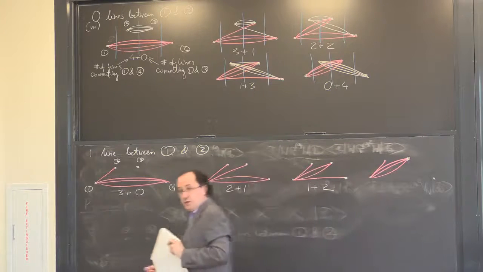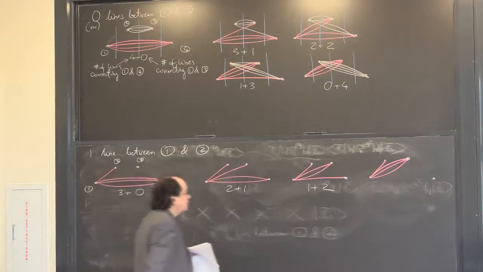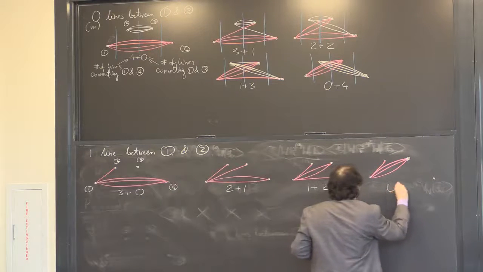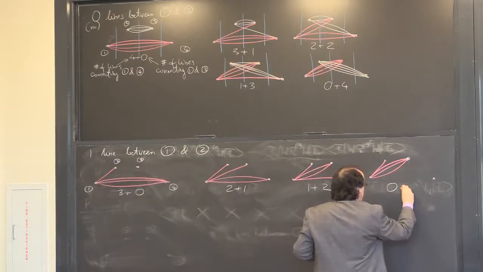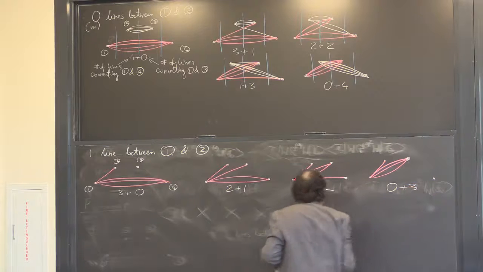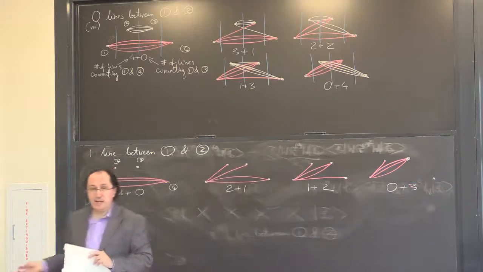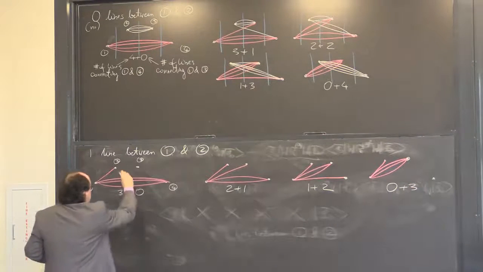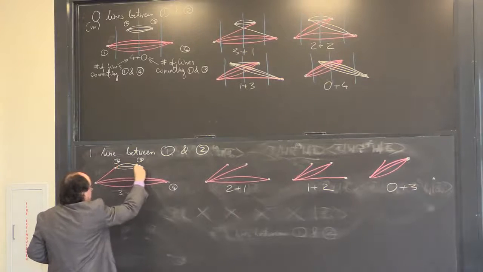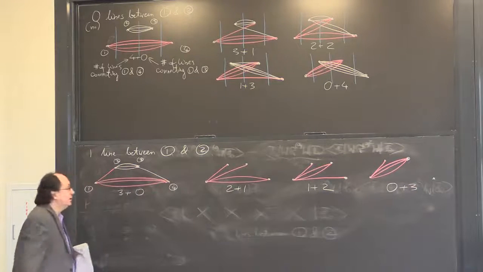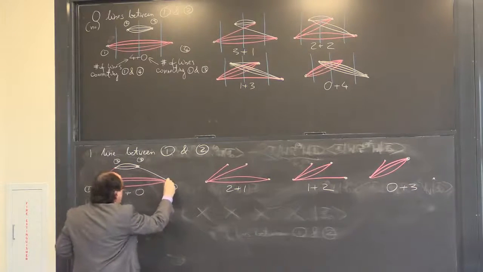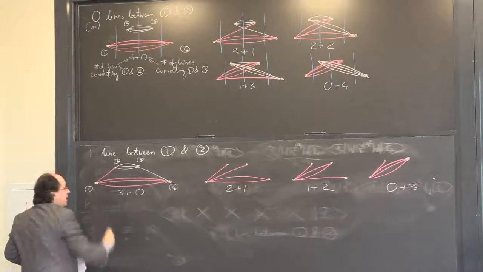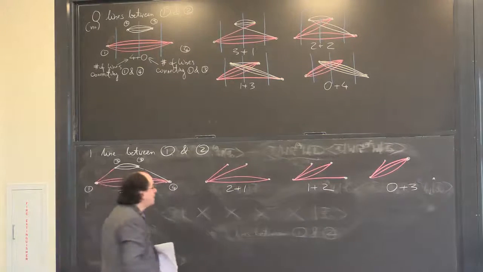And again, I should also say that this case is 0 lines between 1 and 4 and 3 lines between 1 and 3. And you don't have to fill the blanks. So we'll have 3 lines here, 1 line there, because we always have to have 4 lines at a given vertex.